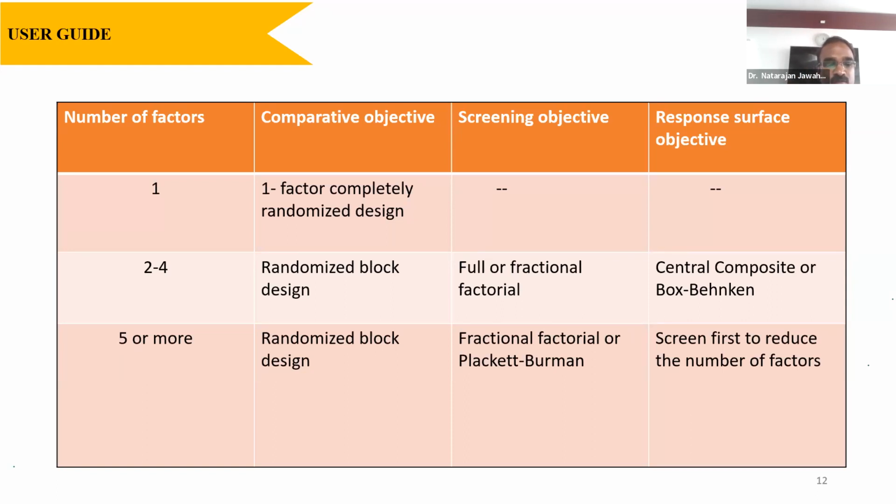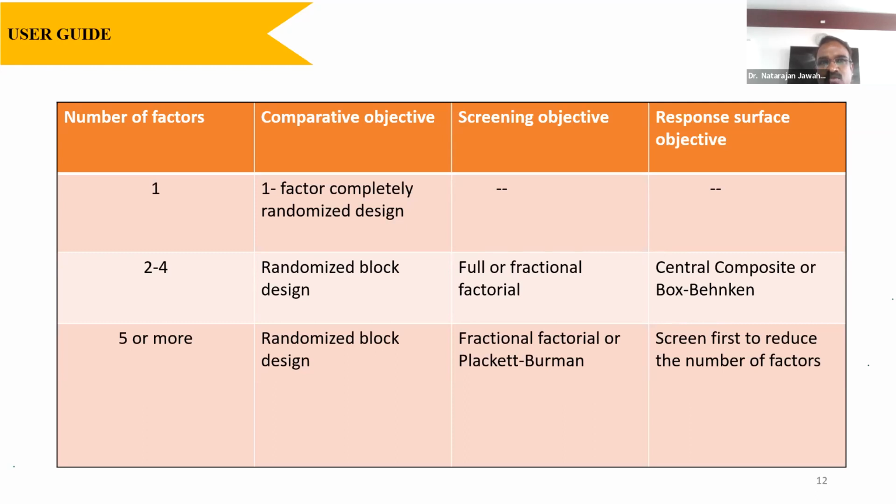Then if you have more than 5 factors to use in your formulation or experiment, that is again a randomized block design. The comparative objective is screening objective. You can use fractional factorial or Plackett-Burman. Here you cannot use full factorial. As I told you, what is the difference with full factorial?